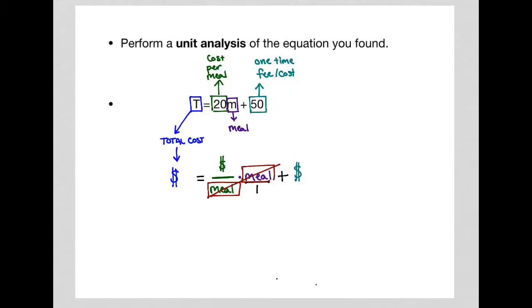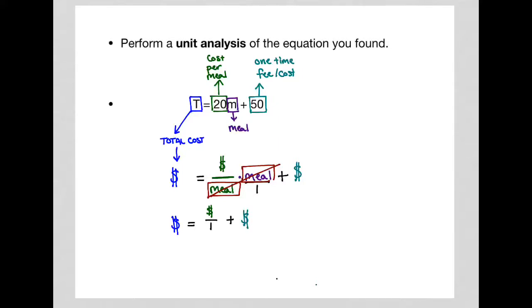So now take a look at what you are left with. We have dollars on the left-hand side. We have our equals. What I have left here is a dollar sign over a 1, and then plus a dollar sign. So I can continue to clean that up further.